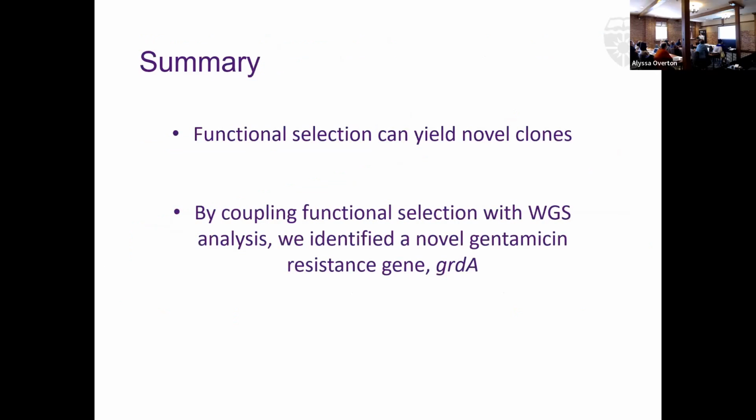So I can summarize right there that, I think, with functional selections we can yield novel clones. We found, in that beginning wastewater project, different aspects of novelty there. But I think we also have been able to leverage some of the sequence data that's publicly available, and we can use that to maximize our efficiency.